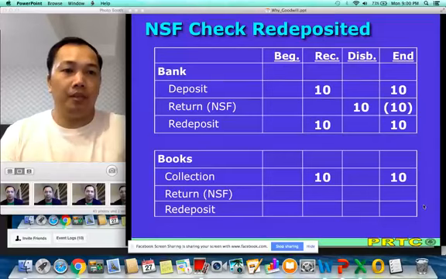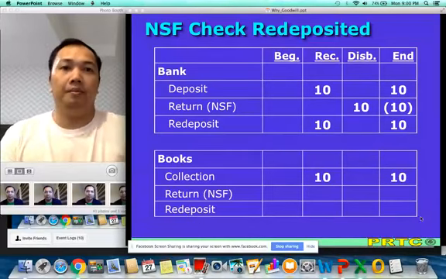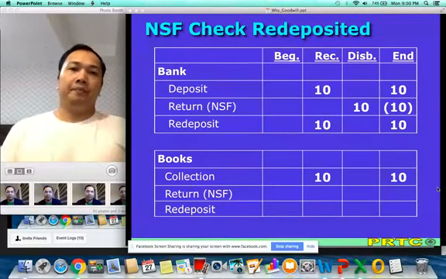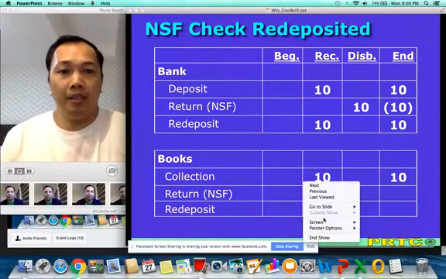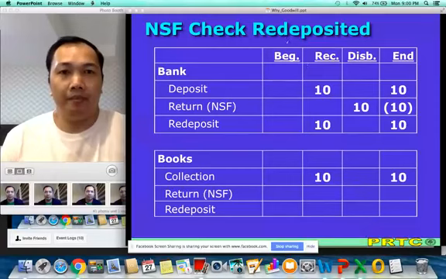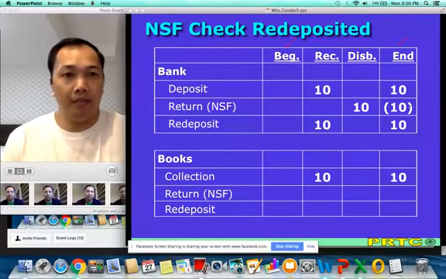So, no entry on return and redeposit. That's the situation. Notice, wala tayong problem on beginning. Actually, wala din tayong problem on ending, kasi 10 minus 10, offset ito. Maiwan dyan yung 10.